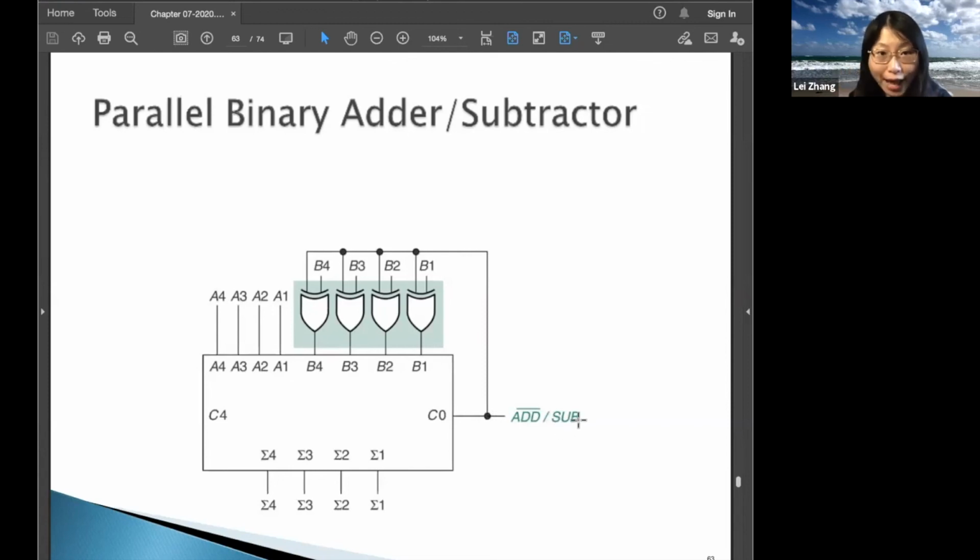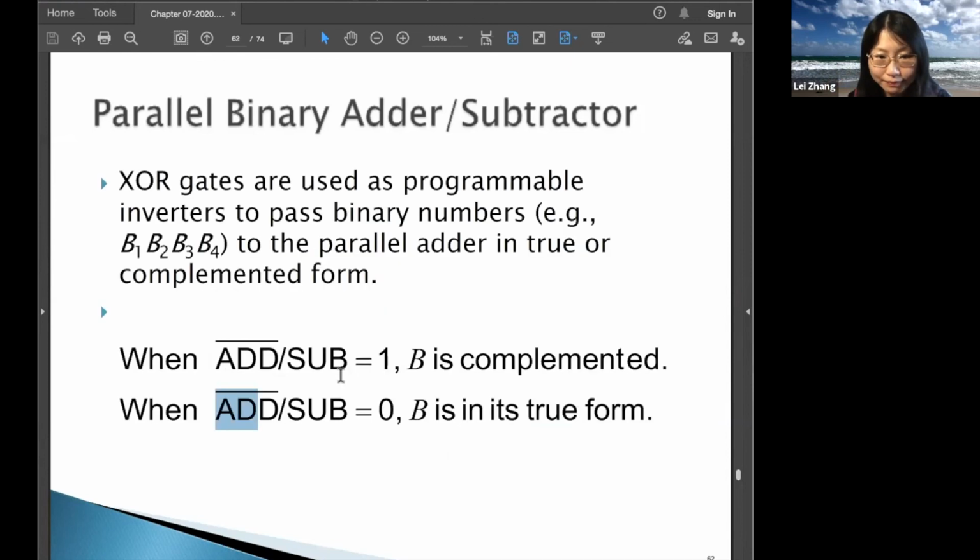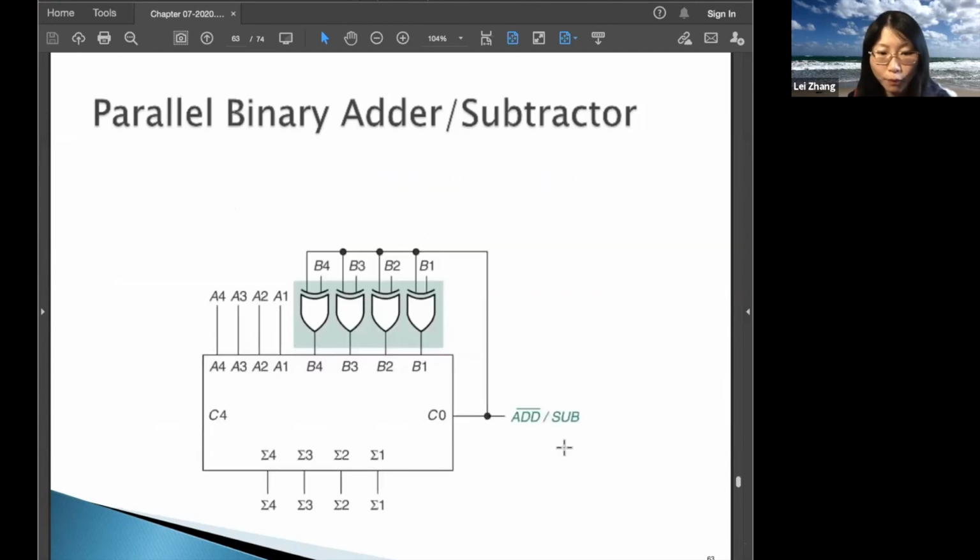Let's have a look at when it is 0 first. When it is 0, B is its true form.